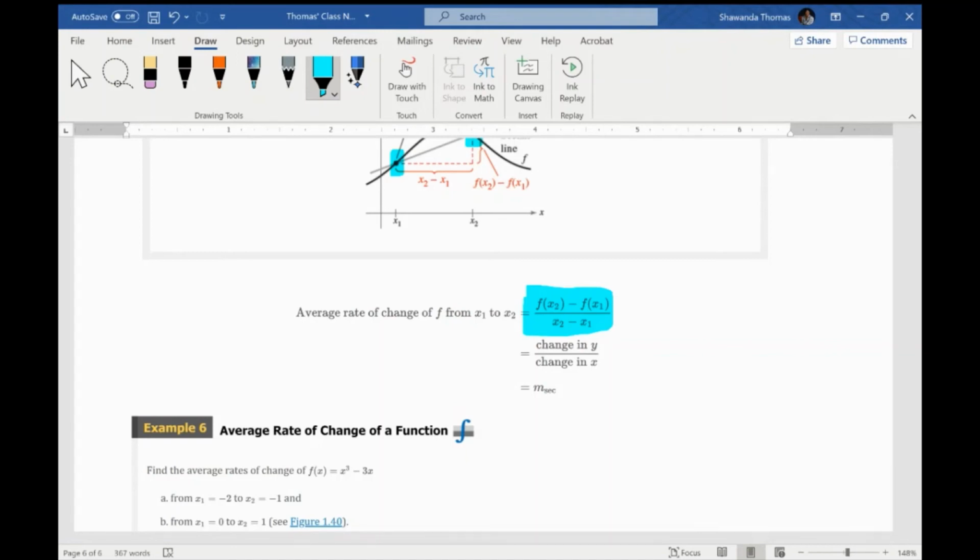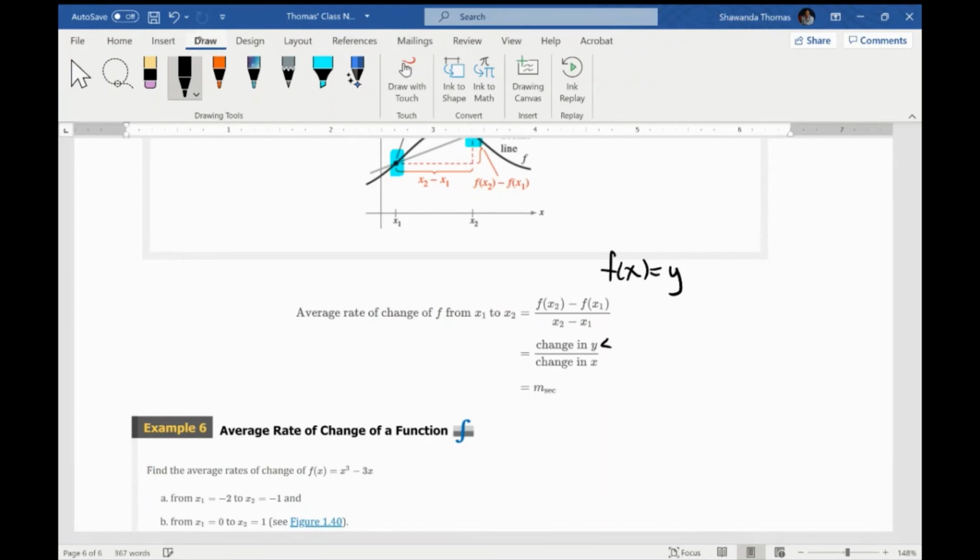What's the only difference? Really, the f of x sub 2. But what do we know about f of x? It's the same thing as what? Y. All right. So f of x equals y. So notice these are just the change in y's, right? The change in y over the change in x, which is exactly what we used to say about slope.